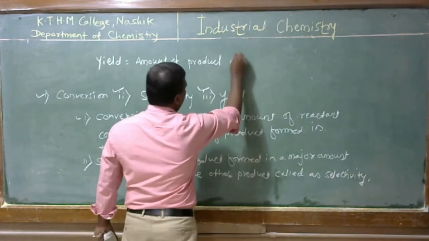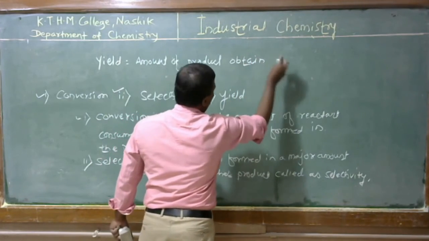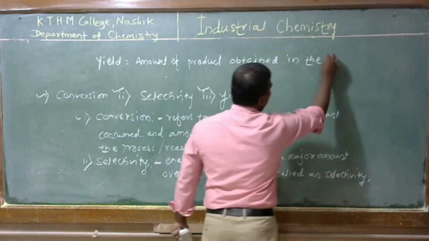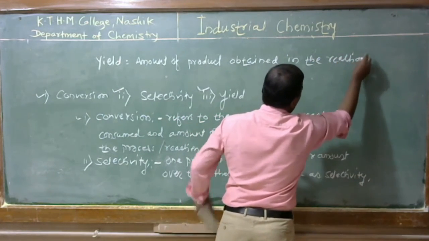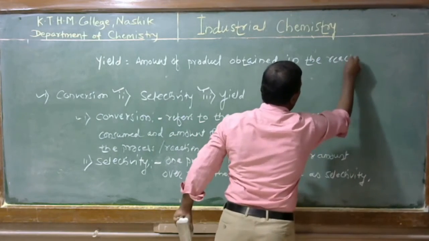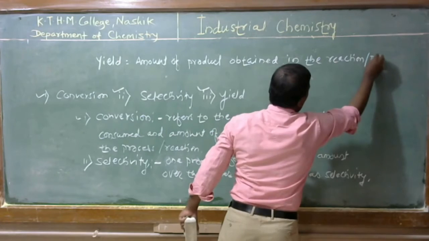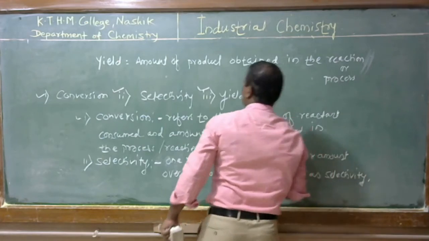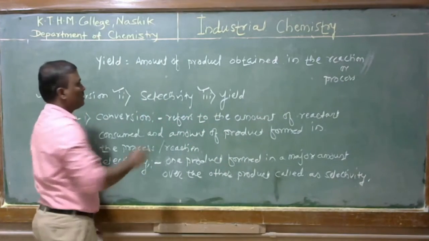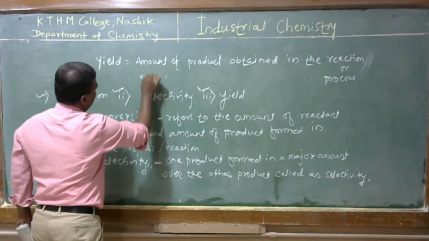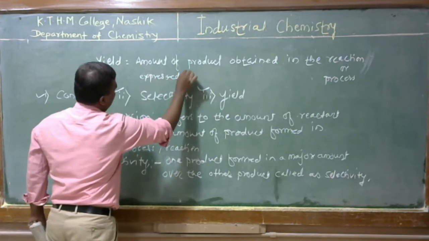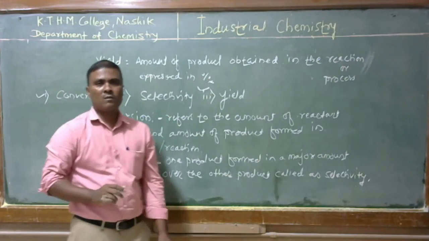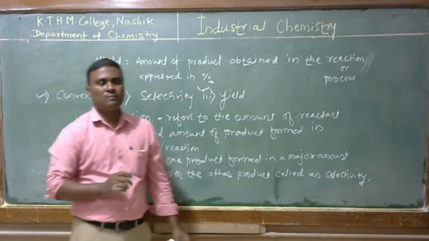Amount of product obtained in the process or reaction, generally expressed in percentage, is called a yield.